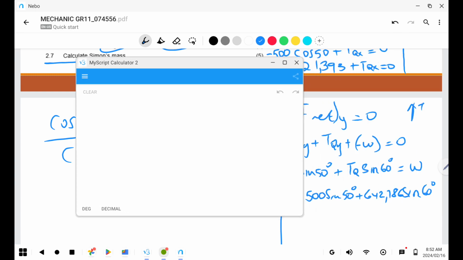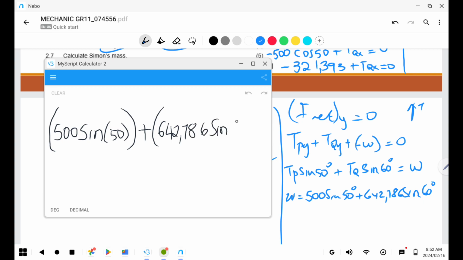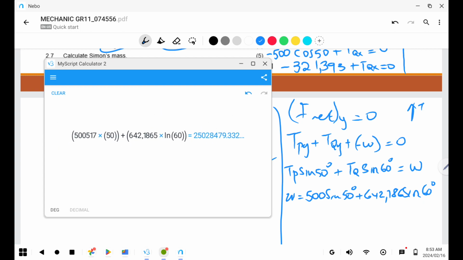The sum is too long. So I have 500 sine of 50 plus 642,786 sine of 60. Because of the long expression there, it's going to give me incorrect things.